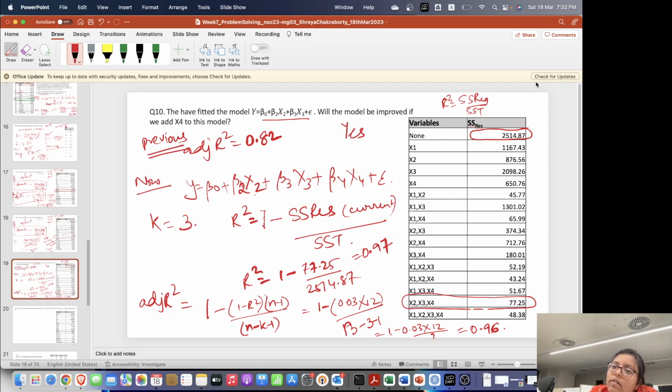R square will always increase. If we include 5, 6, 7, 8, R square will keep on increasing. But adjusted R square will not increase beyond a certain point. Okay.